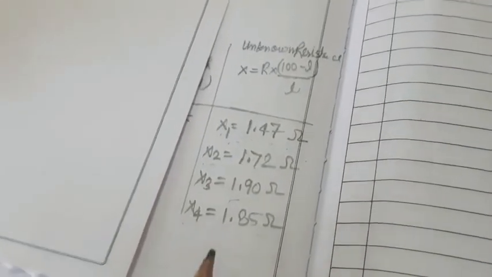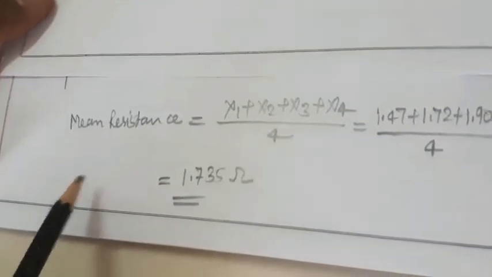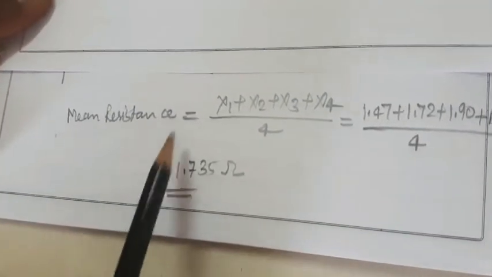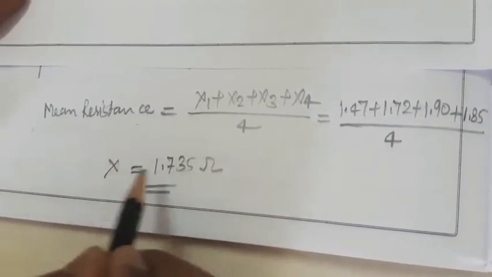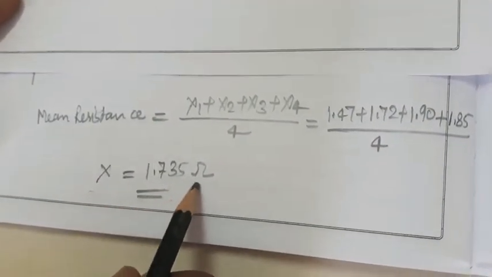Now we will take the mean of these readings. Now we can calculate the mean resistance for the reading of X that I have calculated here. Now I get 1.735 ohm.